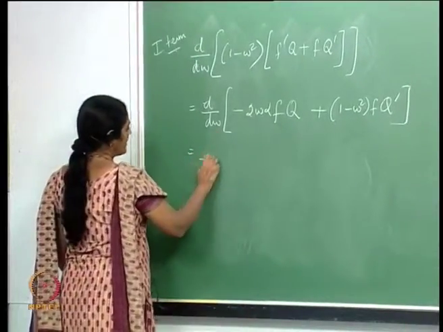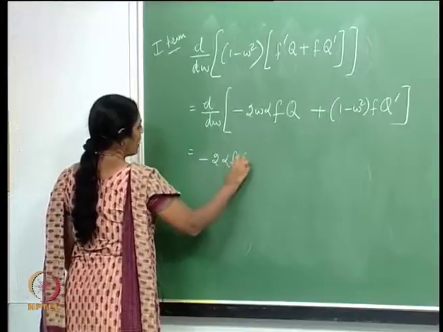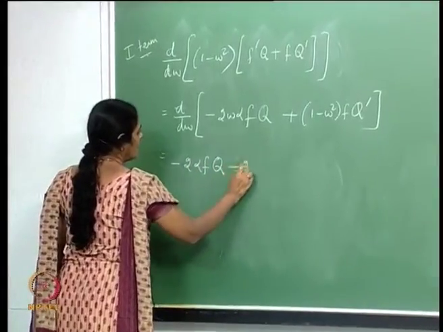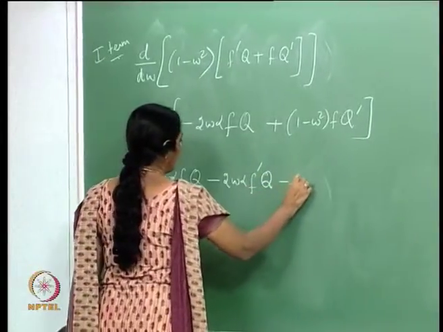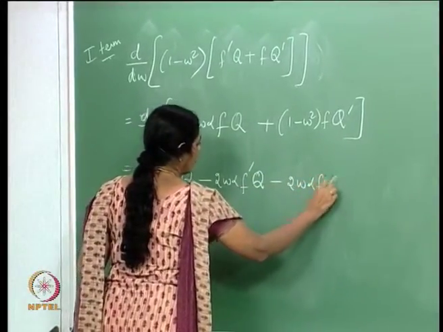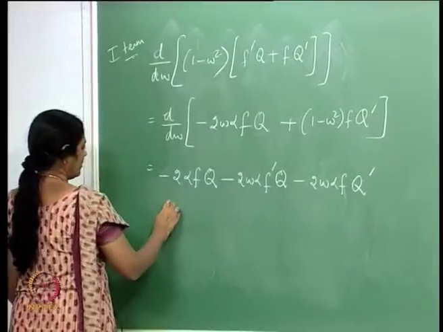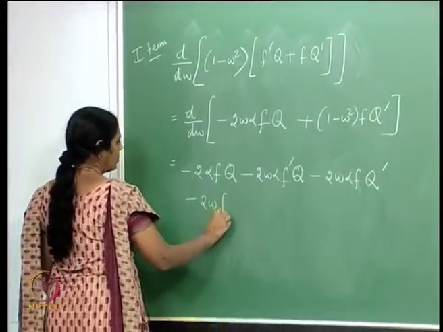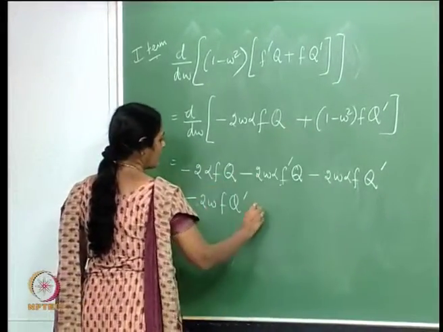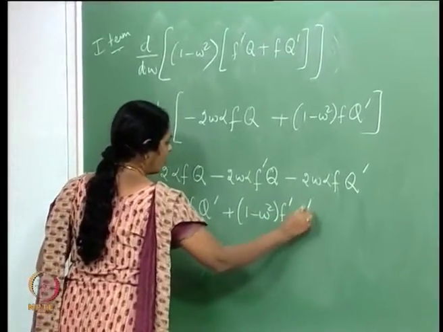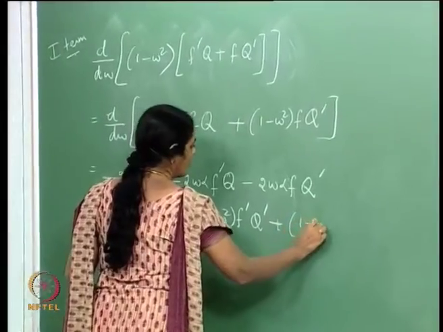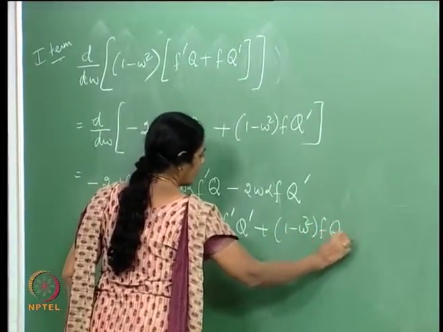And when I expand it, this just gives me minus 2 alpha f q minus 2 w alpha f prime q minus 2 w alpha f q prime minus 2 w f q prime from there, plus (1 - w^2) f prime q prime plus (1 - w^2) f q double prime.